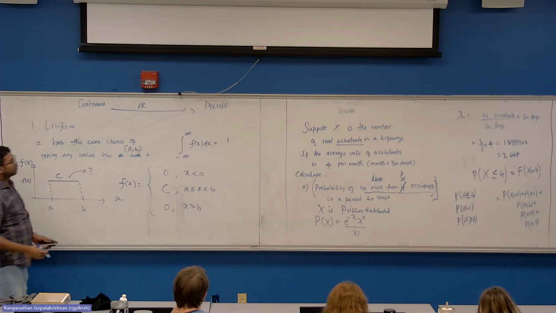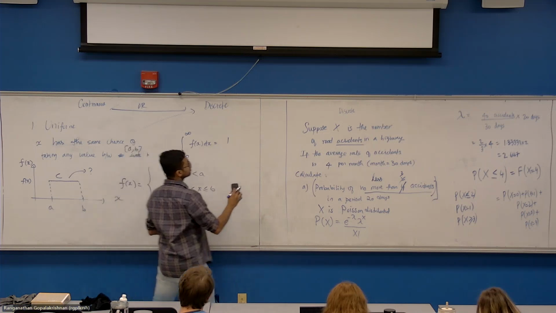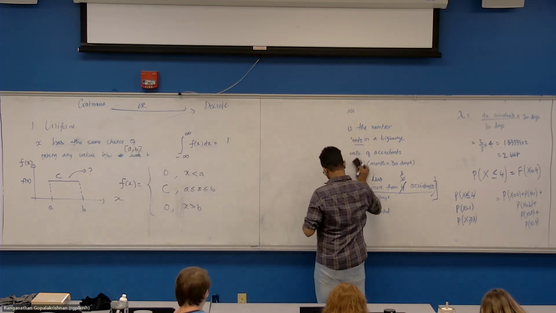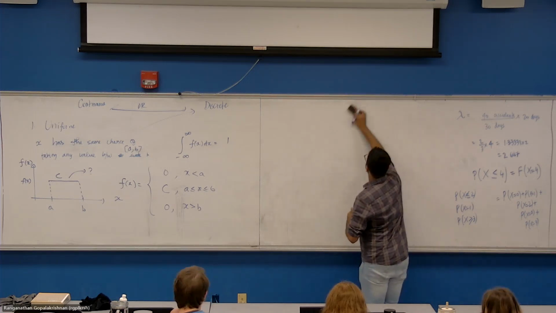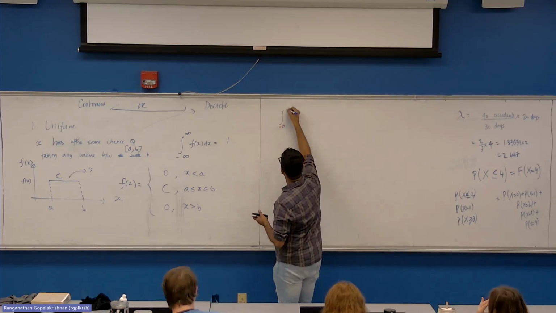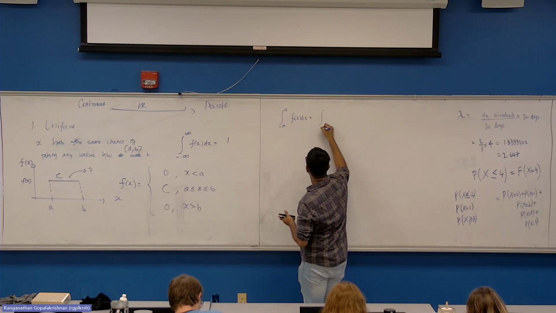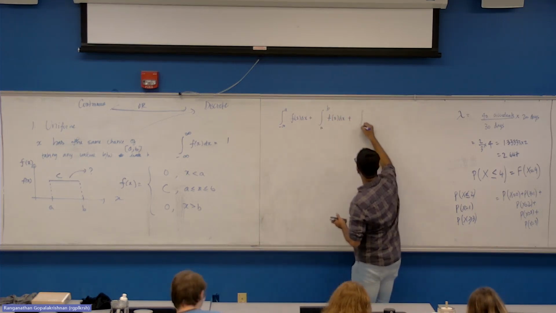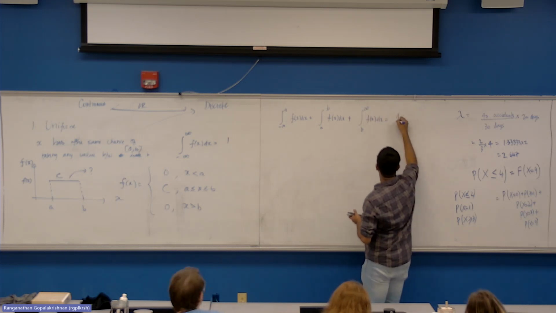Okay, so I can write this integral into 3 parts. I can write this integral as minus infinity to a f of x dx plus a to b f of x dx plus b to infinity f of x dx, and all of these should add up to 1.